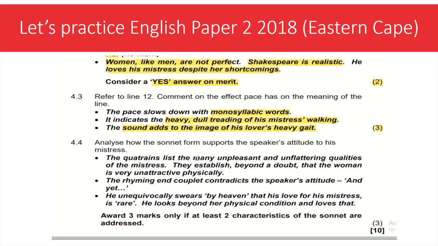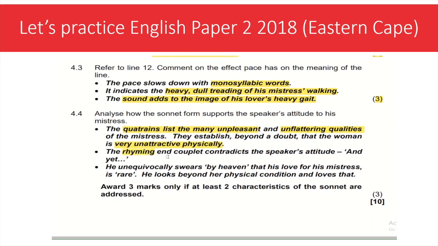The quatrains list the many unpleasant and unflattering qualities of the mistress. They establish beyond doubt that the woman is very unattractive physically. Then the rhyming couplet at the end contradicts this, where I said, and yet.